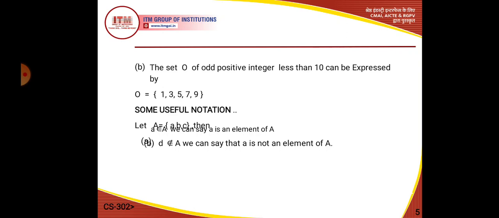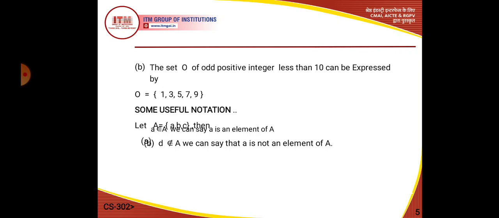Now some useful notation. Here a set capital A equals {a, b, c}, having 3 elements a, b, c, and all are different.